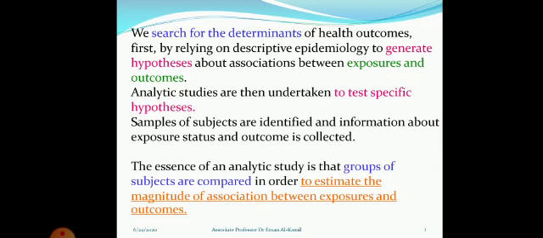We always have two groups, and we are going to compare those individuals who have exposure and individuals without exposure, and see if they develop the disease or not, depending on the type of the study. And we are going to discuss that point later on. But in analytical study, always we have two groups, or it is a comparative study, and we are going to compare between these two groups, not like the descriptive studies, where we are always taking one group.